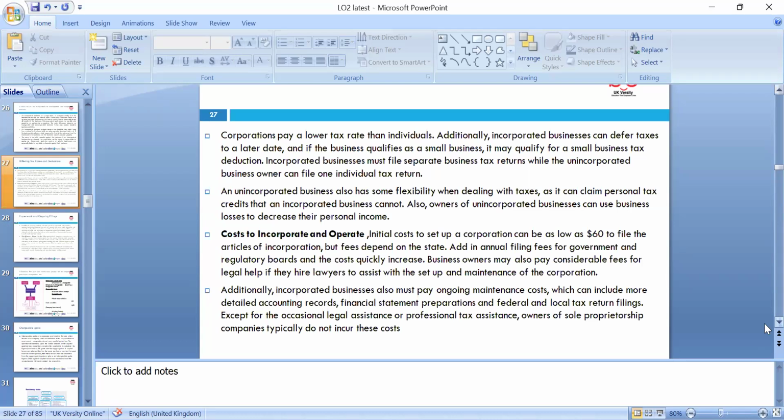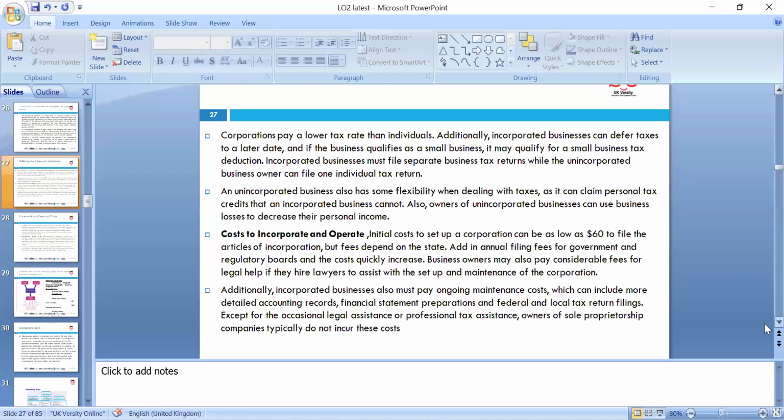Unincorporated businesses have some flexibility when dealing with taxes. They can claim the personal tax allowance, which incorporated businesses can't. The owner of an unincorporated business can also use losses to decrease their personal income. The cost of incorporating: the initial setup cost can be as low as £60 to file the articles of incorporation, but the fees depend on the state. Add the annual filing fees for the government and regulatory board, and the cost quickly increases.